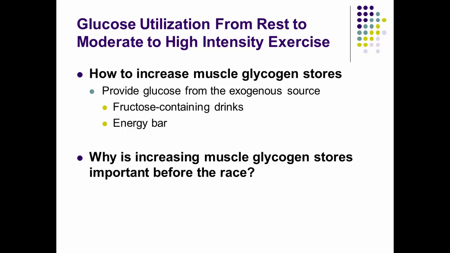Usually you can give fructose-containing drinks or energy bars that contain a lot of carbohydrate. So you can give them an exogenous source of glucose and allow more carbohydrate to be synthesized into glycogen in the skeletal muscle.